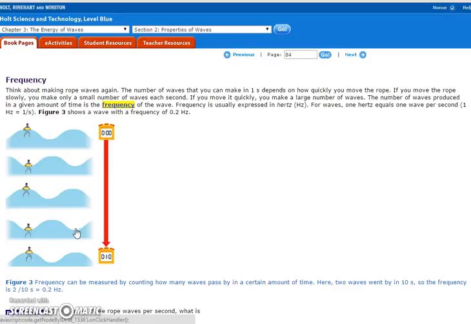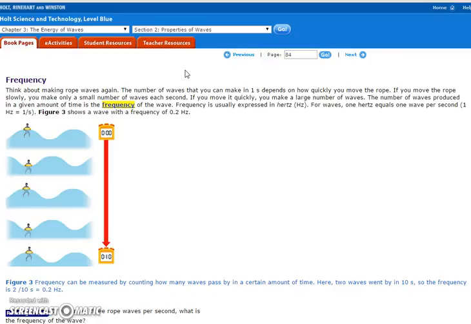So, higher frequency also equals more energy, and a higher amplitude with a lower wavelength. All of these are correlated. Now, it's three different factors, so it can be a little complicated, but we will go over it in class, but it is important to remember. I'll say it one more time. Increased amplitude, decreased wavelength, increased frequency.